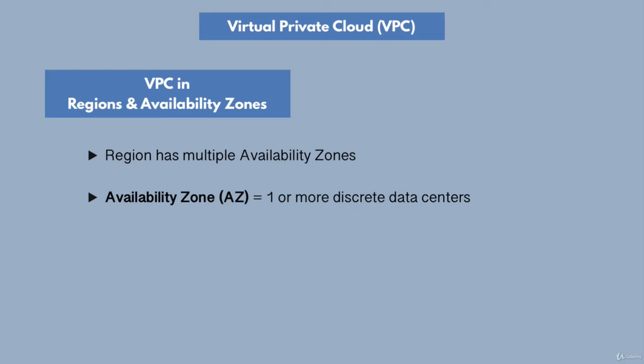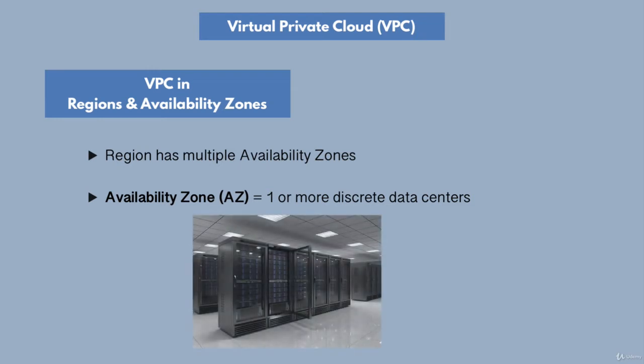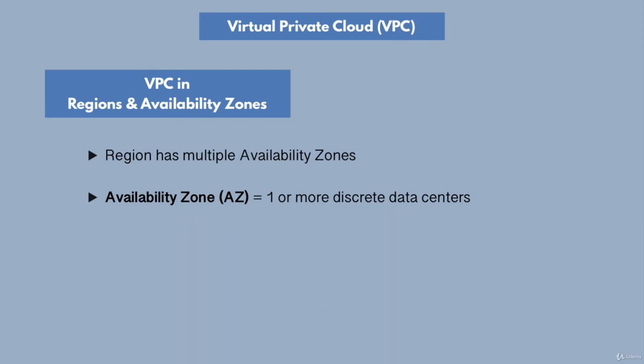Availability zone, in very simple words, is basically a data center of AWS with all those servers that run the whole infrastructure. So the virtual machines that you spin up in your AWS will actually run in one of those AZs, because these are the actual physical locations where the servers will run.